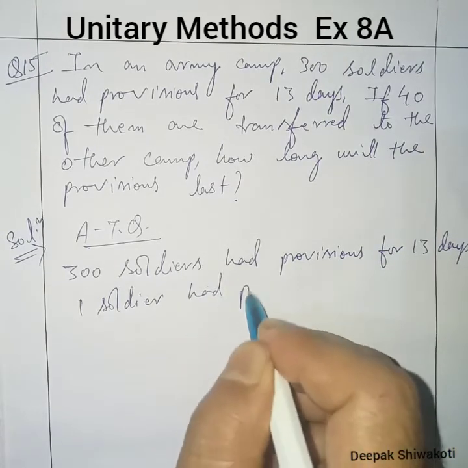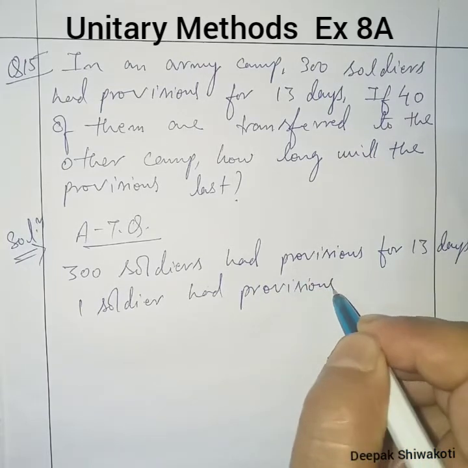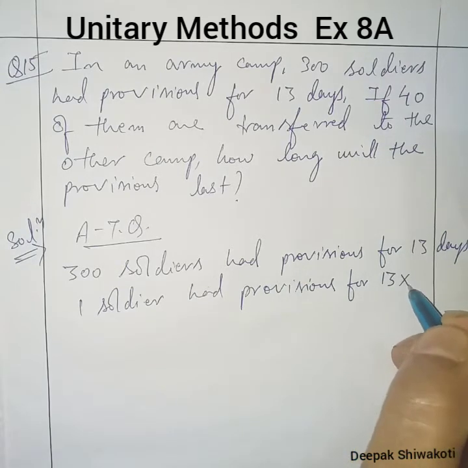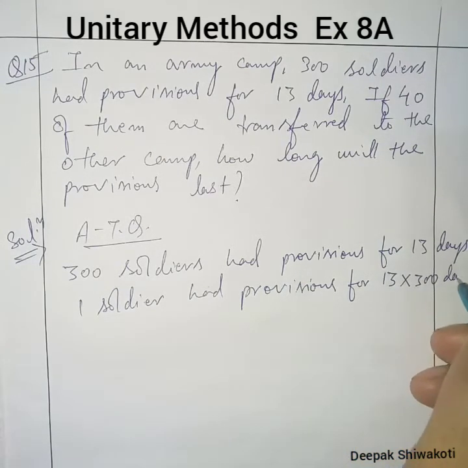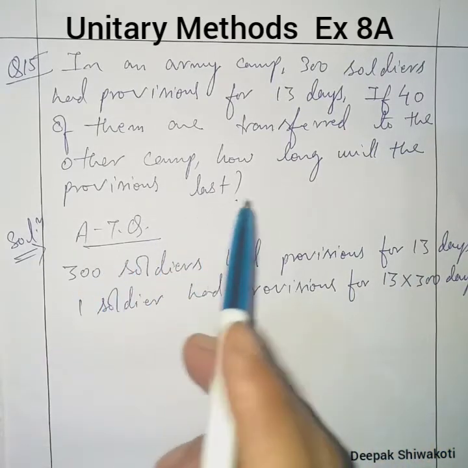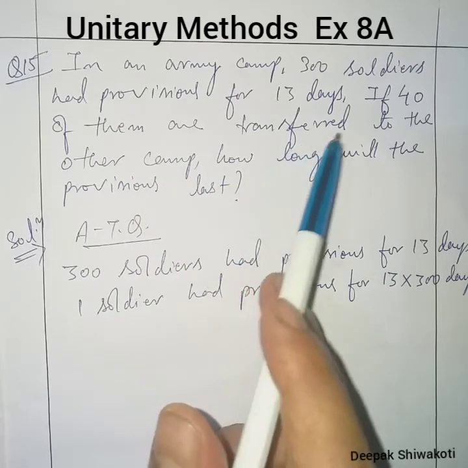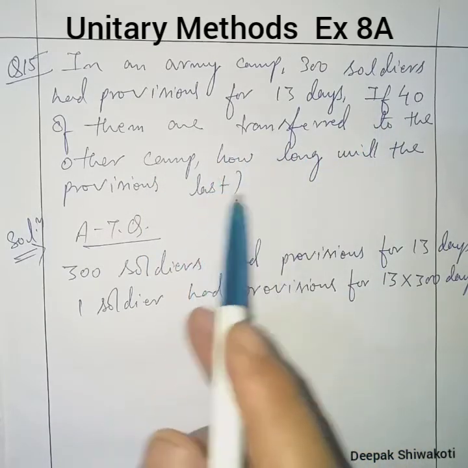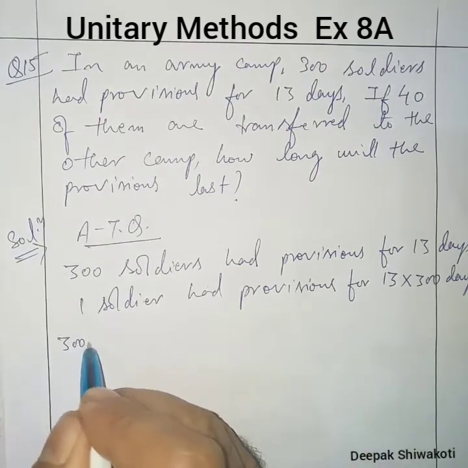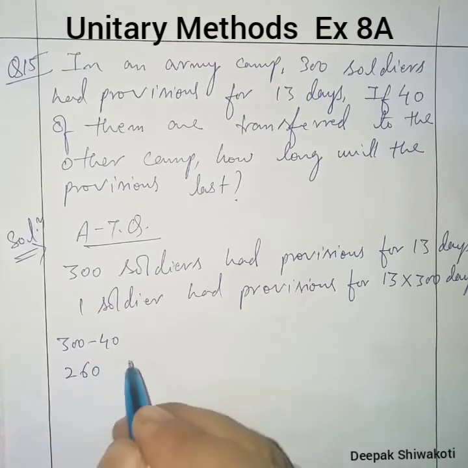Had provisions for more days means multiply. Now the number of soldiers is getting less because they are transferred. Okay, 40 soldiers are transferred. So here we have to subtract 300 minus 40, that is equal to 260.